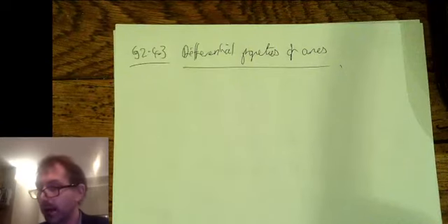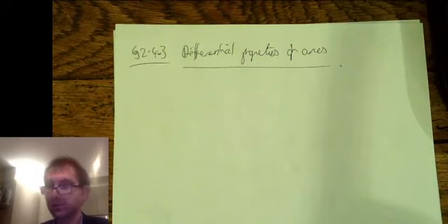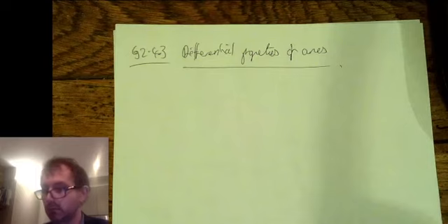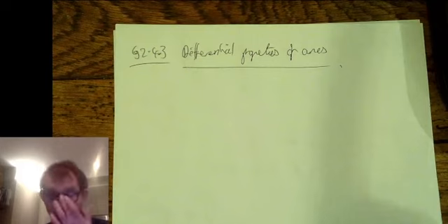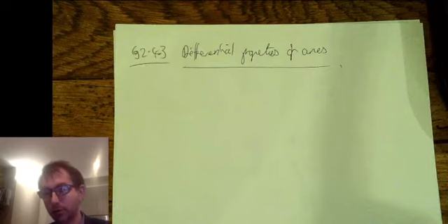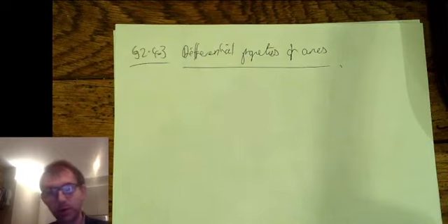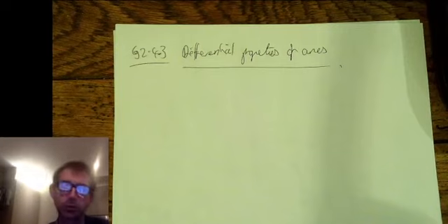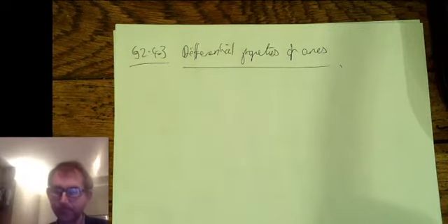Okay, so we're going to look at section 2.4.3, differential properties of curves. If you think back to the motivational example I was talking about in the previous video, where you have two charged particles and you want to move one in a certain path and work out what the work you have to do is, then one thing you need to know is what direction the particle is travelling in at any point along the curve.